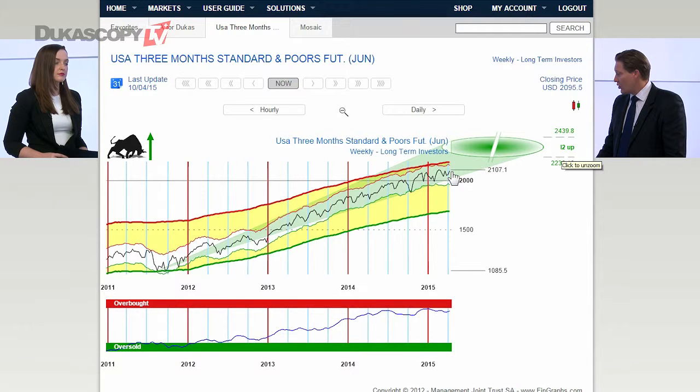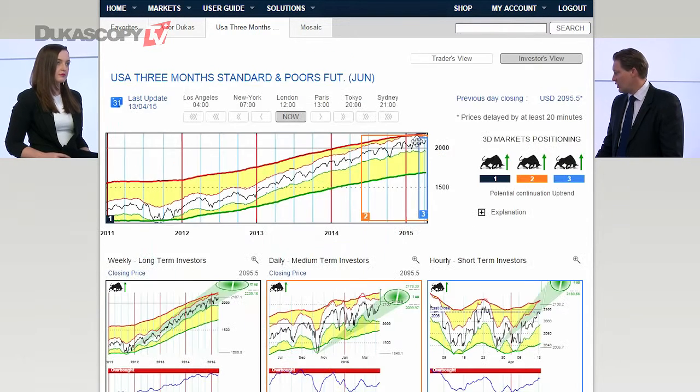It does seem like this consolidation has come to an end and that we're resuming the uptrend. Now we'll have a better view of that on the daily chart, but at the moment this I2 extended targets is pointing between 2200 and 2400 over the next few quarters.